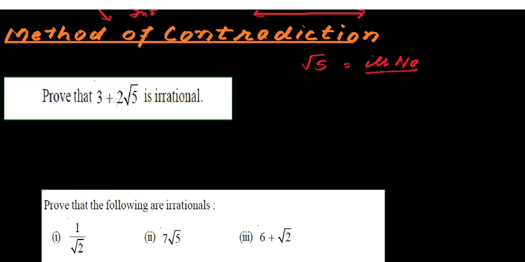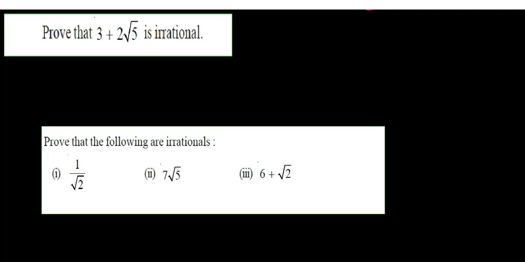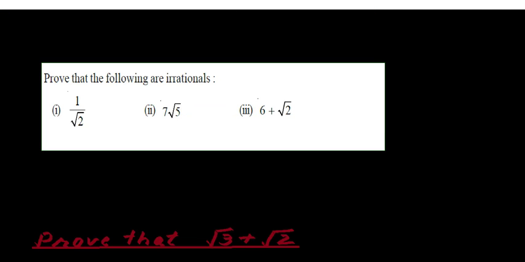I am taking 3 + 2 √5 is irrational number, and later on I will find out whether these numbers are rational numbers or irrational numbers. You have to prove them all. I am taking proofs. 3 + 2 √5.